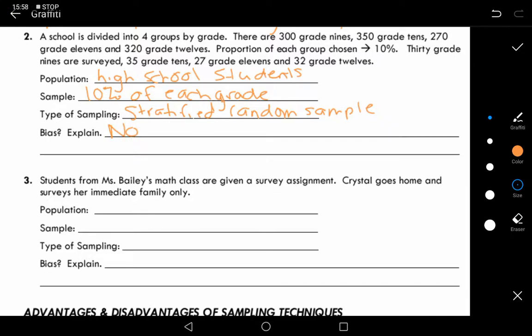It's a fair representation of the population, okay? But if the question was age specific, then it could potentially have some bias to it. But for now, we're just going to stick with no, okay?